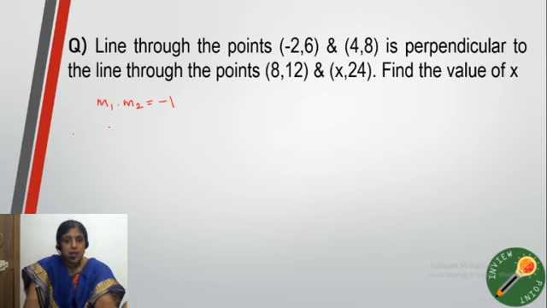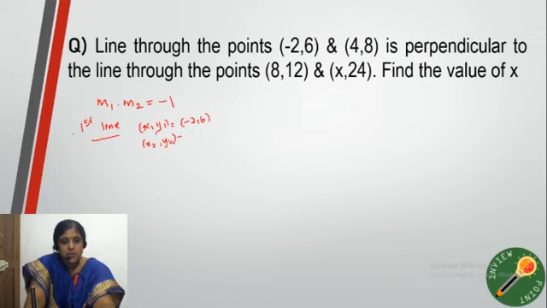Then you have to find the slope, right? How can we find the slope of the line? Here the coordinates of 2 points of the line are given. Consider the first line. The coordinates given are x1, y1 equal to minus 2, 6 and x2, y2 equal to 4, 8.